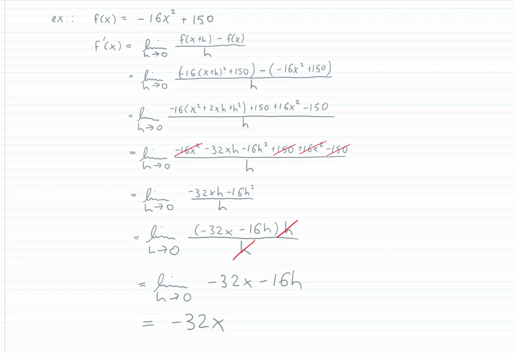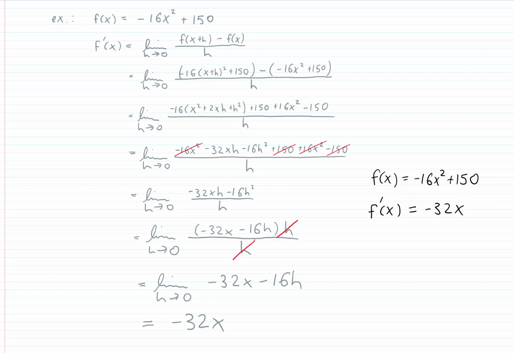Okay, so I'm going to write that over here. f of x was negative 16x squared plus 150, and we calculated the derivative of f, and we write f prime of x equals negative 32x.